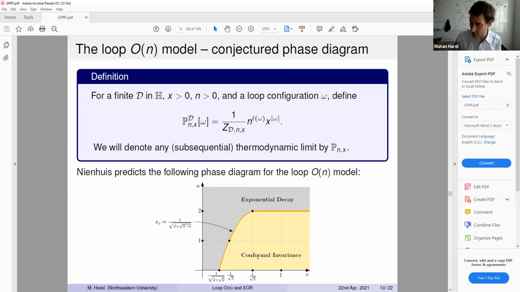And on those hexagons, sample the loop O(n) model at one of these points. So let's say n equals 0.8, x equals 1.2. So this point right here. Instead of taking the domain to infinity, take the mesh size of those hexagons to 0. If you believe in the long loop picture, which is proven in certain parts, but not the one I mentioned, then you imagine that you get infinitely many infinitely convoluted loop structures around every point.